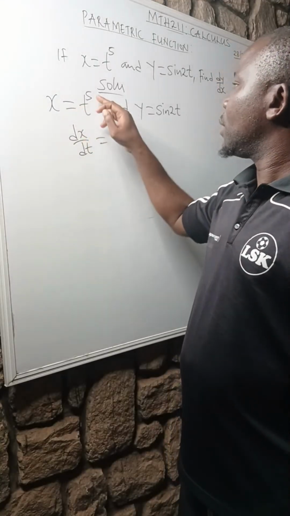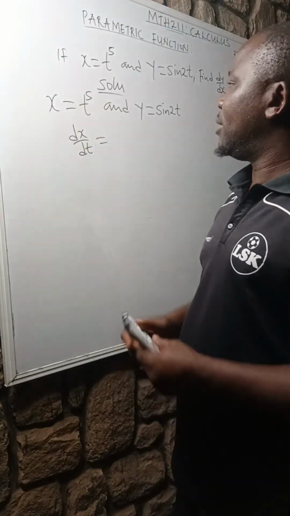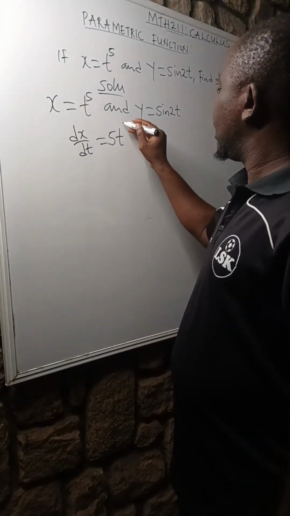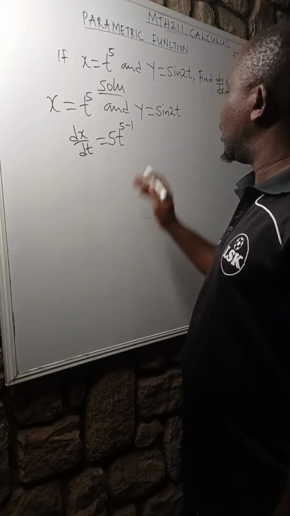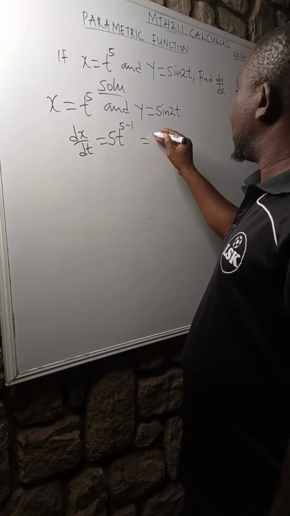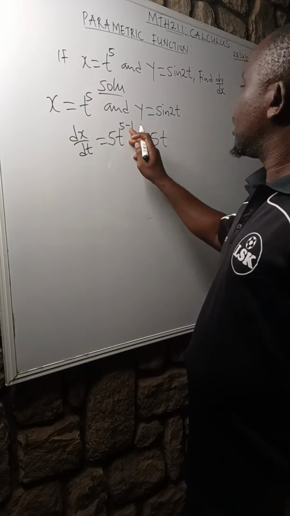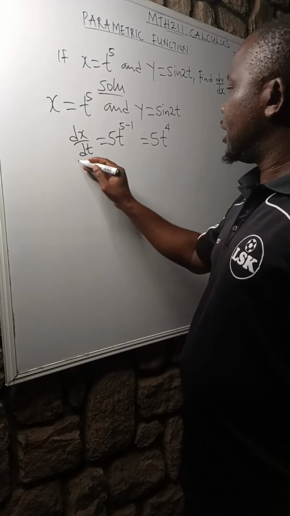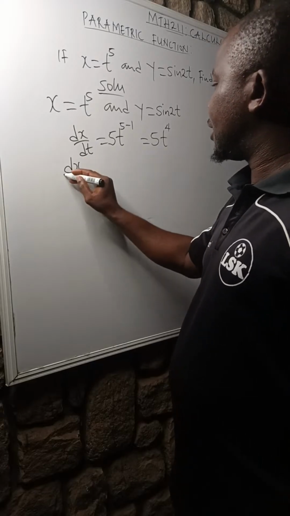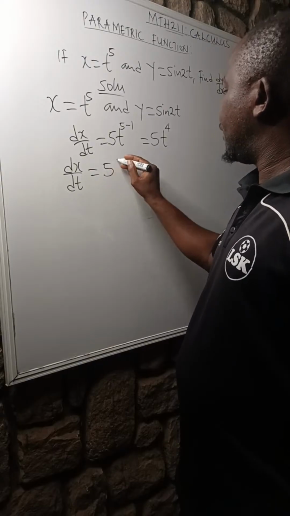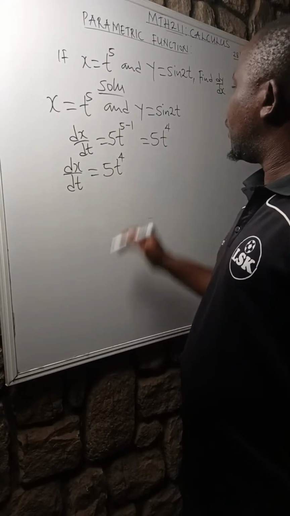Use this 5 to multiply whatever is there, so we have 5t raised to the power of 5 minus 1, which is 5t raised to the power 4. So dx/dt equals 5t raised to the power 4.